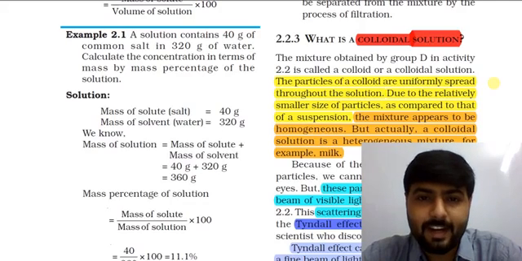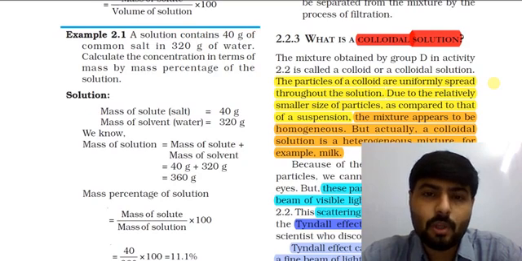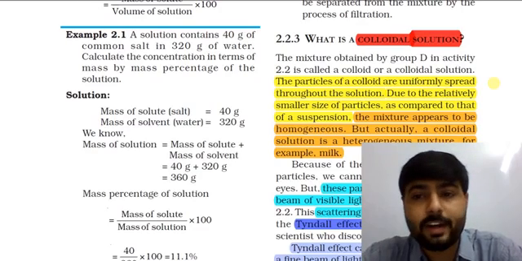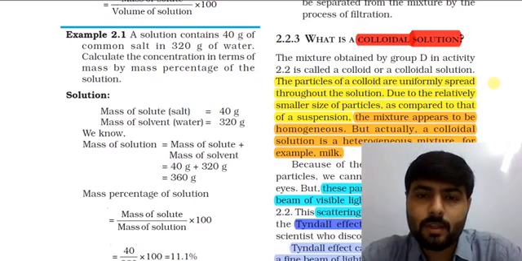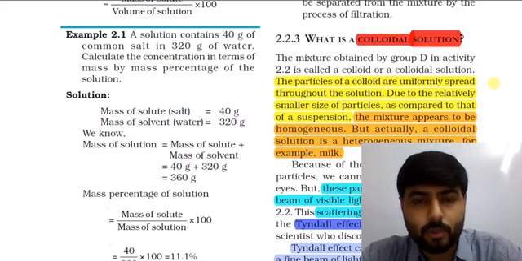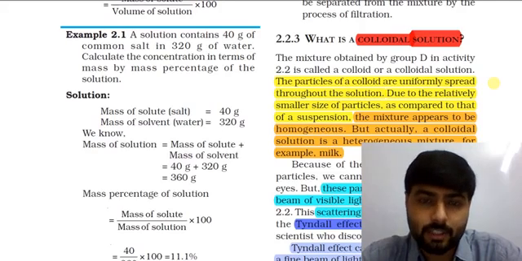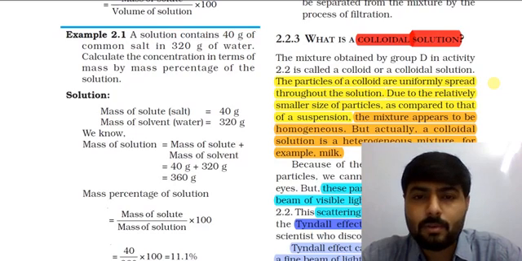Further, we divide it into solution, suspension, and colloidal solution. From these three, we have seen solution and suspension. Now, let's look at the colloidal solution.